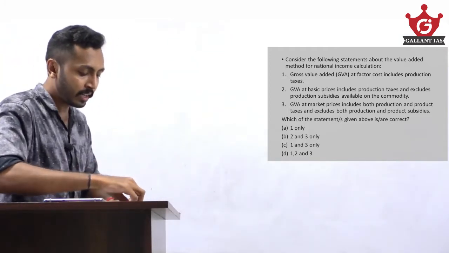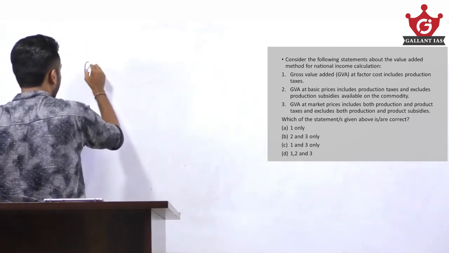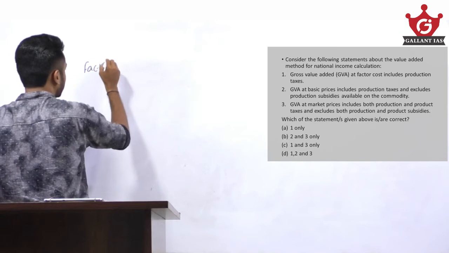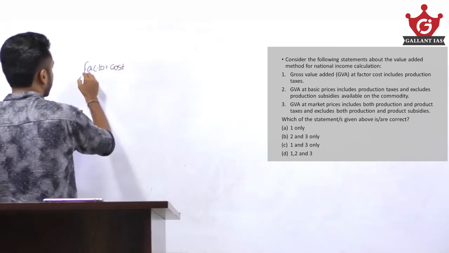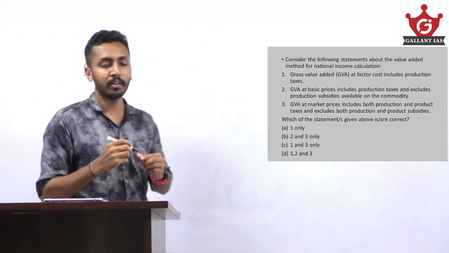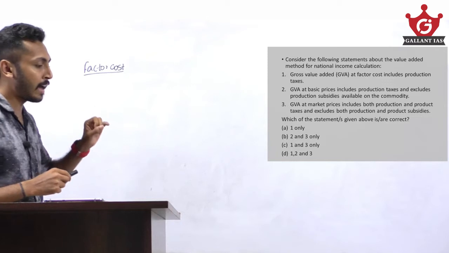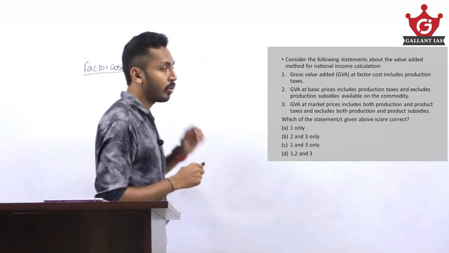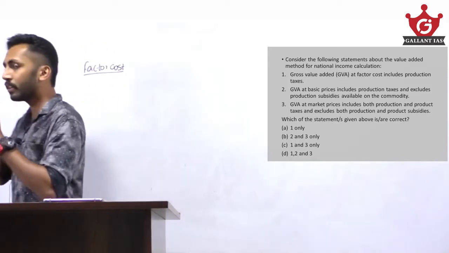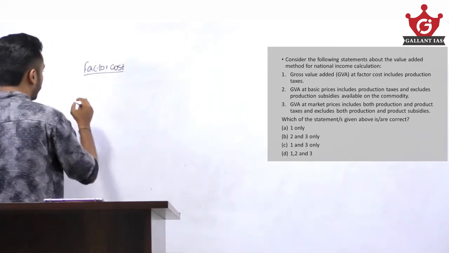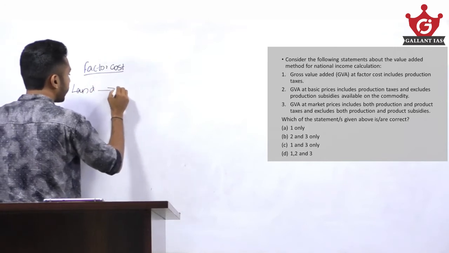To produce any commodity, to produce any product, there are 4 factors we must use. That is land, labor, capital, organization. For each of these factors used, there is a cost. For land, we need to pay rent.